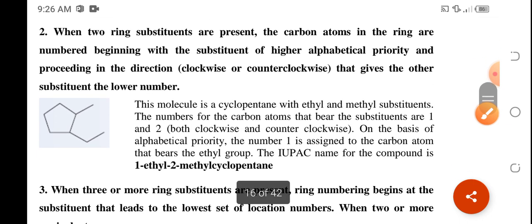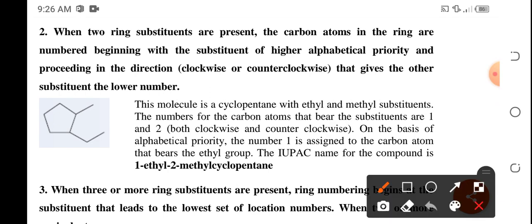How about if there would be two ring substituents? Here, numbering system would apply. Paano natin siya ina-number? Hindi na left to right, hindi na right to left, rather clockwise or counterclockwise because of our ring structure. So, nakakakita tayo dito ng pentagon.